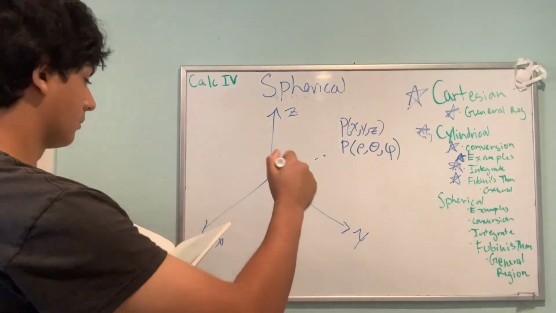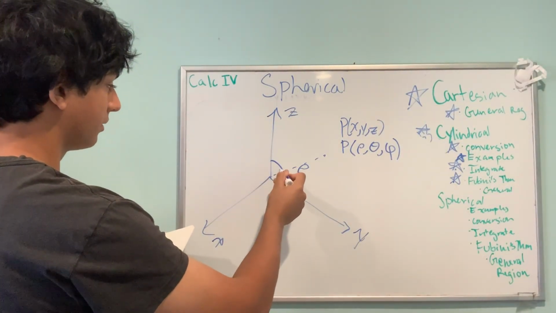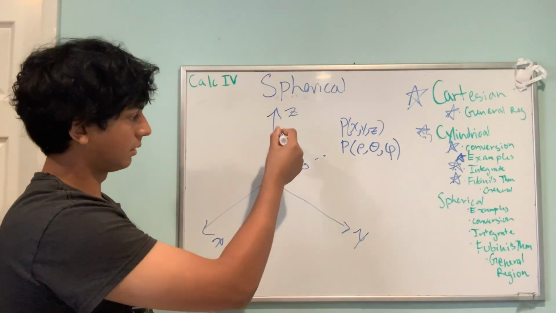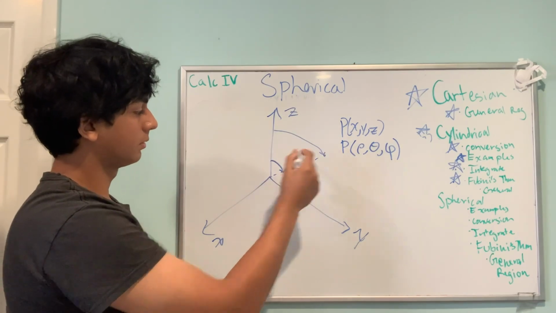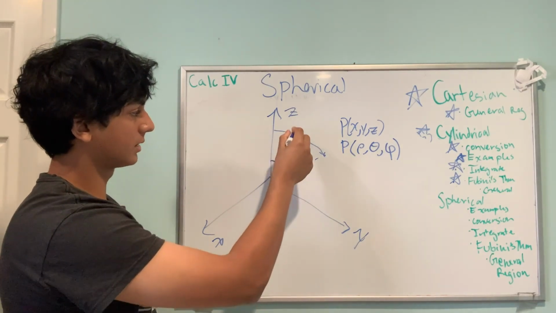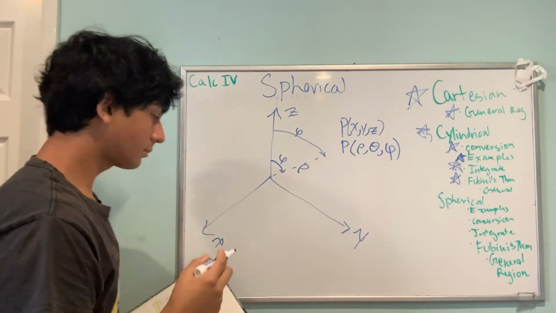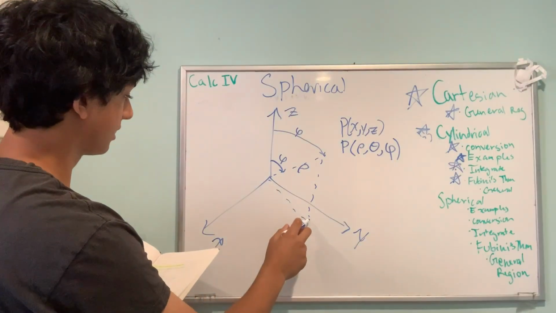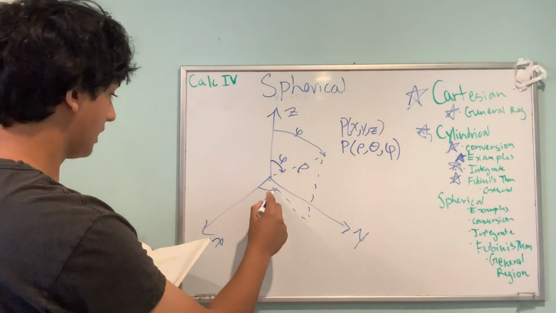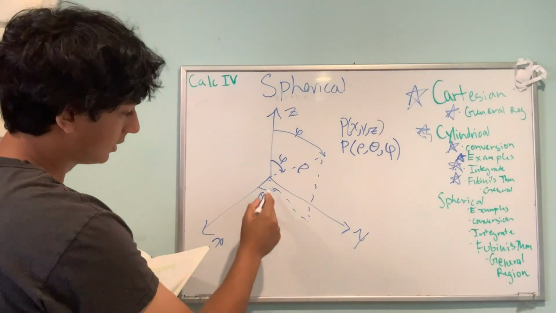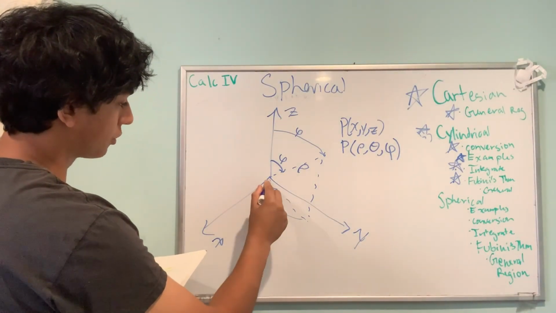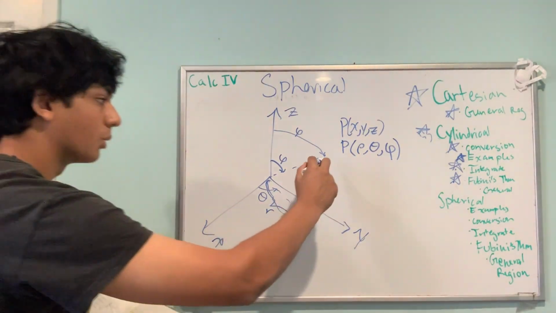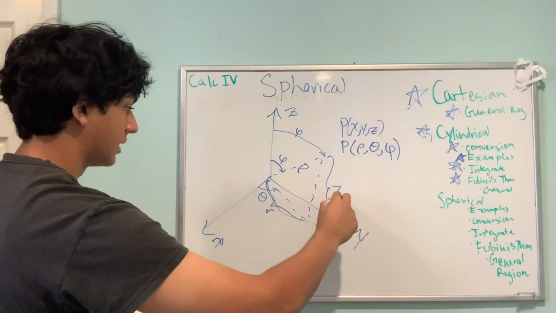And this angle here from the positive z to our point up here is phi. Now let's drop it down to the xy, and now we have this. This angle right here is our theta, and this length, if you remember from the cylindrical coordinate system, is actually still r. And of course, this length still stays z.